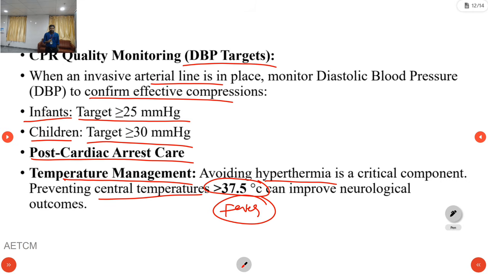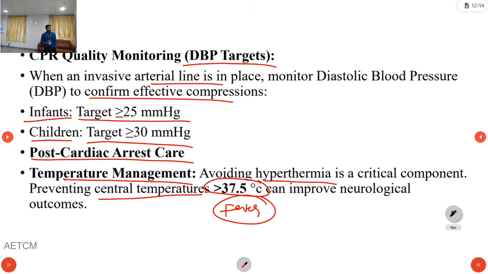This is one of the important things. If you allow a pediatric patient's temperature to go above 37.5 degrees Celsius after cardiac arrest, fever is more toxic to the brain. If you allow the patient to go into fever, it will have harmful effects on the brain.